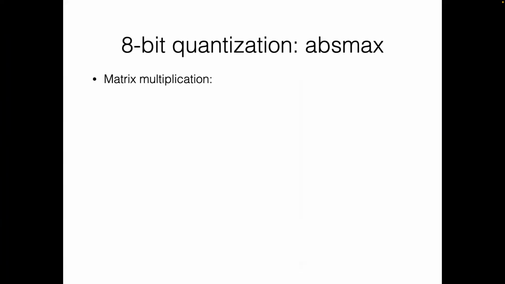So then we could consider what is involved in doing a matrix multiplication. Again, matrix multiplication is kind of this fundamental thing we want to be able to do. So here's one way to do it. Here you have an input matrix and a weight matrix. You want to multiply them together.